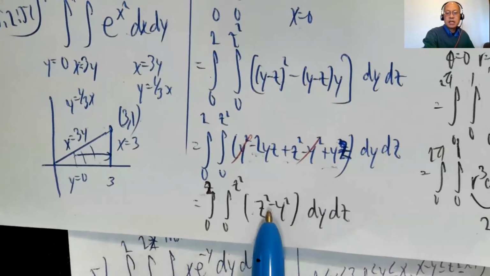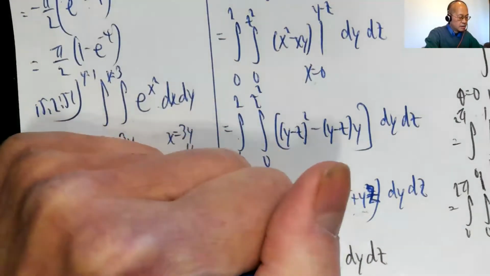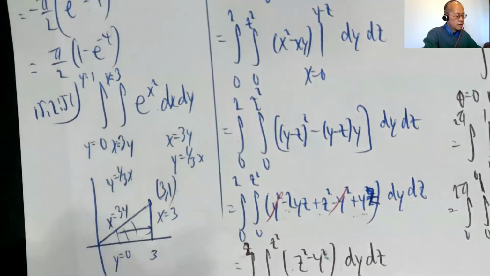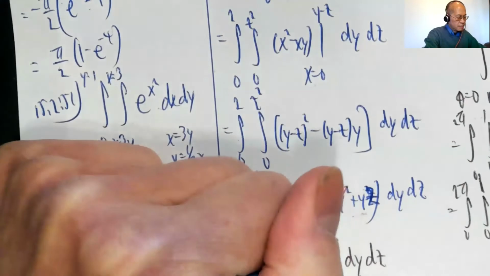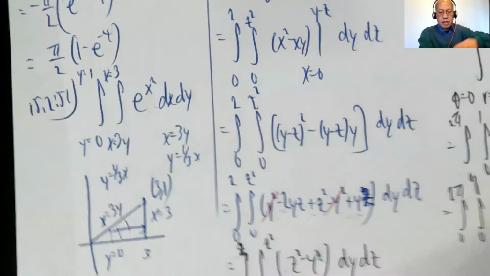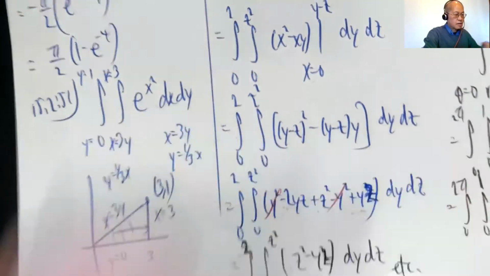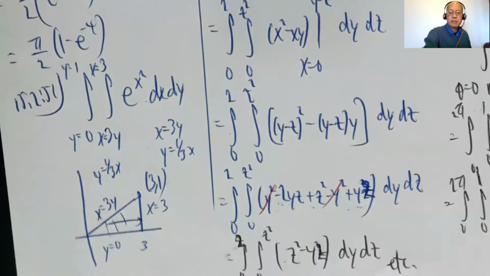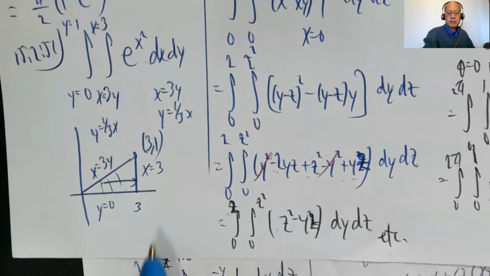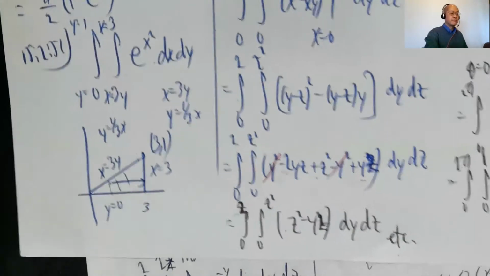So you're going to integrate z squared minus yz dy dz. I just wanted to set you up with that one, and you finish the rest of that problem. There's still a lot more work to do, but that's the setup for number 3.